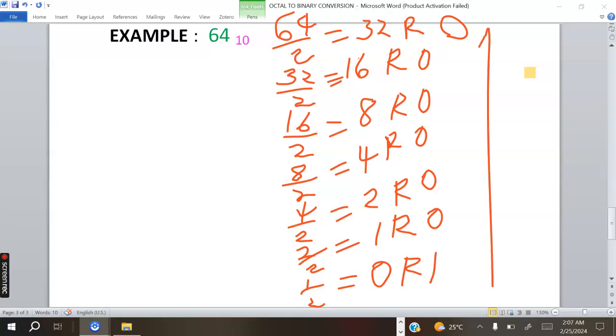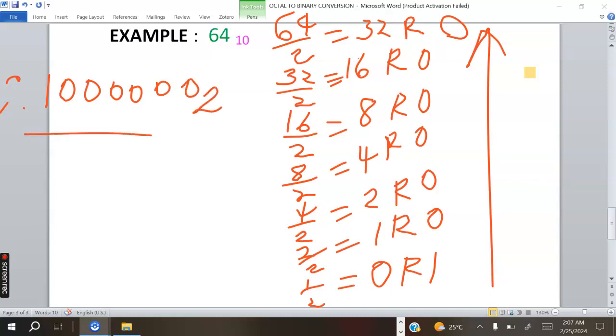Okay, then the last step is to read the binary digits that have been generated as the remainders as your answer. Therefore, we have 1, 0, 0, 0, 0, 0, 0, base 2.